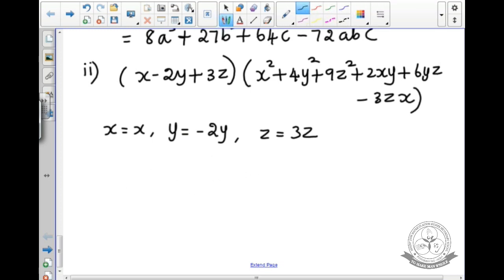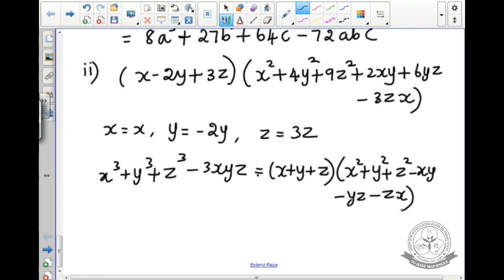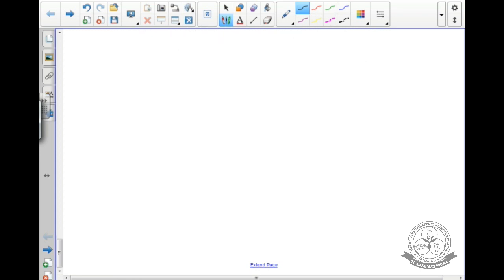What is that? x cube plus y cube plus z cube minus 3xyz is equal to x plus y plus z into x square plus y square plus z square minus xy minus yz minus zx. So in this formula we have the same pattern, so we are going to apply.